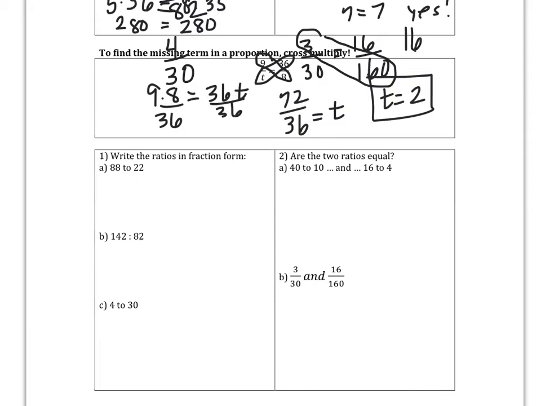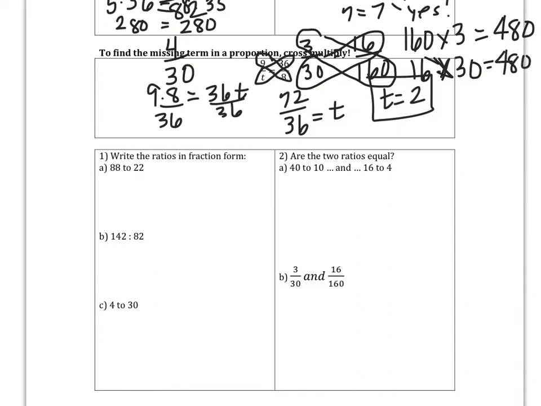So we have 160 times 3, and 16 times 30, and we want to make sure those are the same. 160 times 3 is 480, and 16 times 30 is 480. So yes, those two ratios are equal.